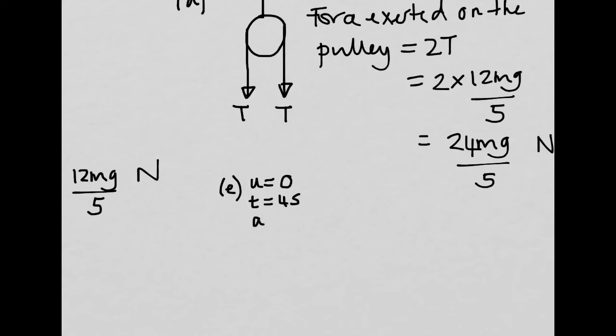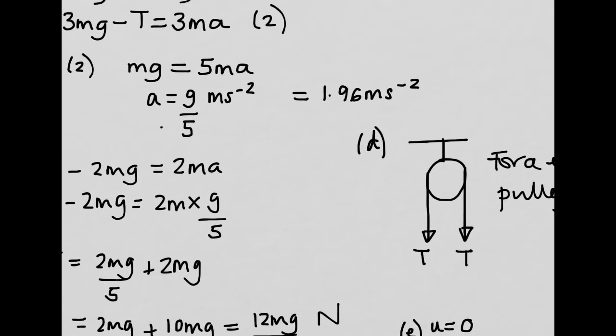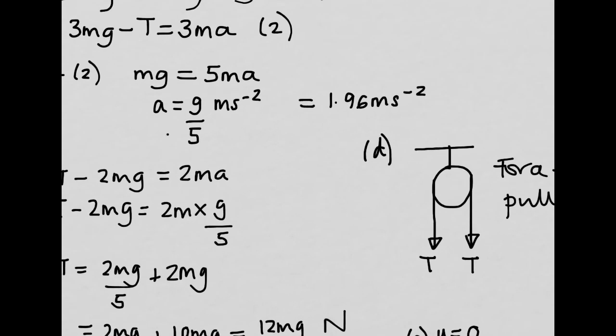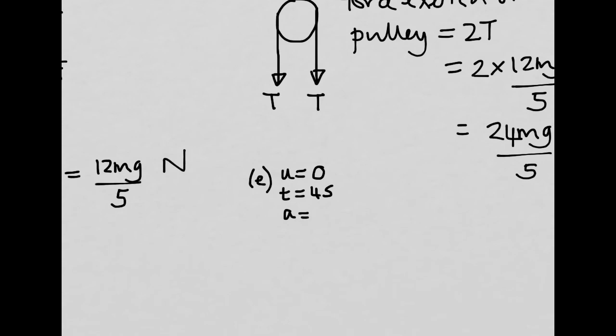I just need to scroll back up to my workings on my acceleration, and I'm still going to use that g over 5. Now you'll notice that that doesn't look like an s, so I'm just going to alter that so I can see that's s. Handwriting can be an issue in mechanics, and s's looking like 5s can cause you problems.